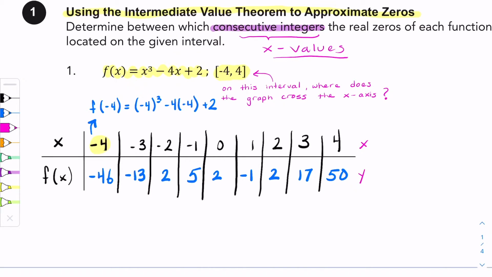We need to think to ourselves, all right, where does the graph cross the x-axis? And that would be when your y values change from a negative to a positive. So wherever you see a change from negative to positive, like right here, that means the graph is going to cross the x-axis. Let's just take a look at those 2 points on a graph really quick.